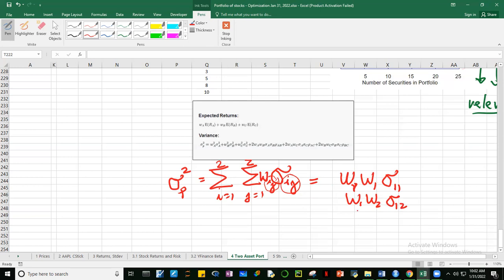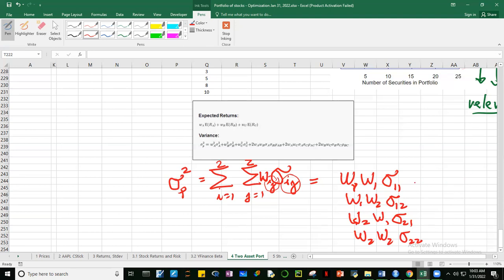So ganun lang yung pattern, guys. And then, si 2 naman, si 2 pinapair natin with 1, 2 with 1, so that's sigma 2, 1, and then 2 with 2, w2, w2, sigma 2, 2. Yan. Then simplify na lang natin. Yan na yung pag 2 asset portfolio. That's the risk of a 2 asset portfolio.